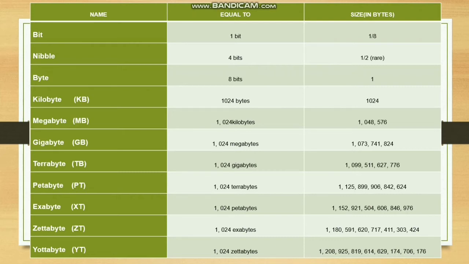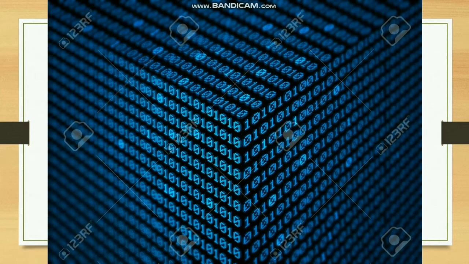And look at the manner in which, if it is a 1 PT or petabyte, how much data will be there in that hard disk? Imagine that. And how data is being arranged in a hard disk, and how the electronic components are able to identify what is happening, or to write or read the data in your hard disk.